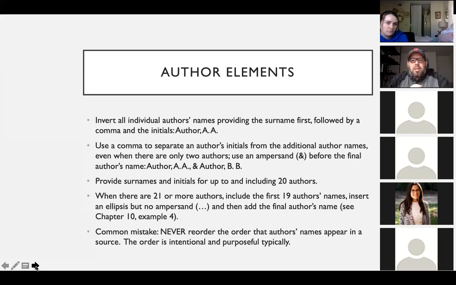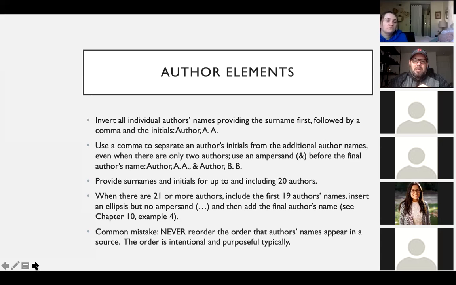When you write the reference list, you invert all of the authors' names with their last name first, followed by a comma, and then the initials of their first and middle name if they have one. So again, the example here of author, comma, initial, period, right? That's just an example of the formatting.